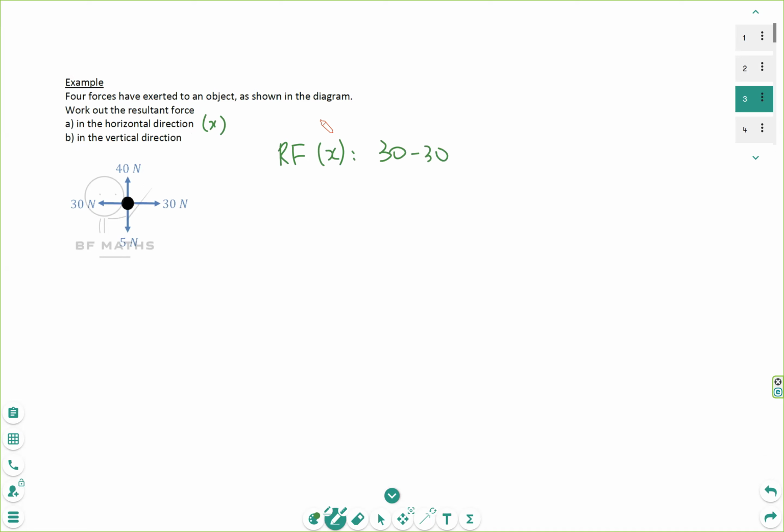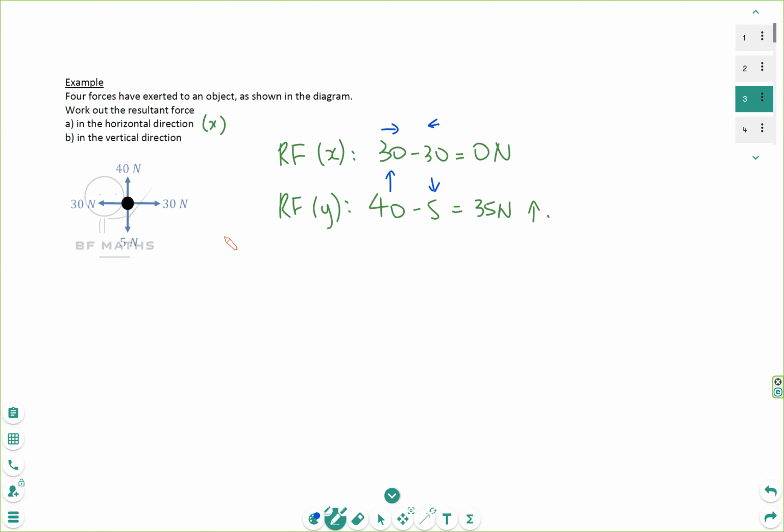Horizontally, we've got one pulling to the right 30, one pulling to the left 30. So 30 minus 30 is 0 Newton. Resultant force in the y direction: up take away down equals 35 Newton upwards. You can put some arrows in there: right take away left, up take away down.